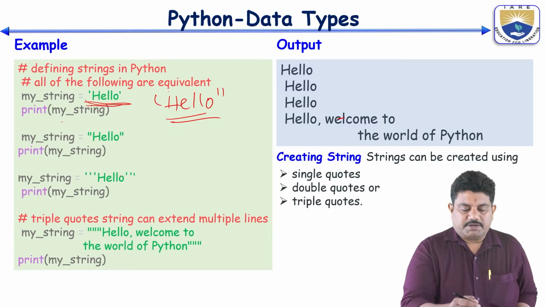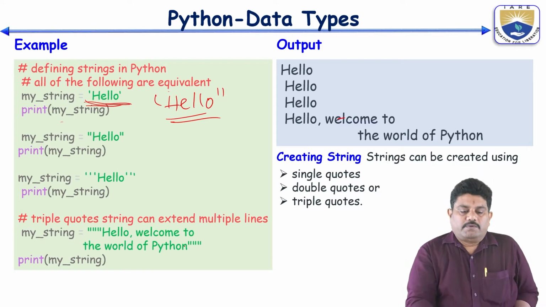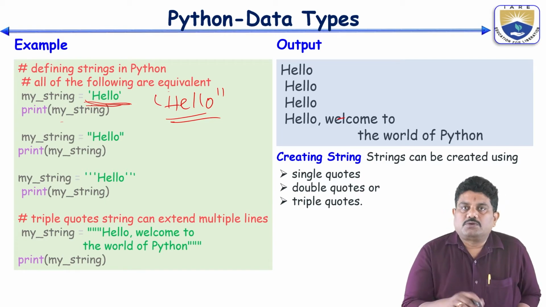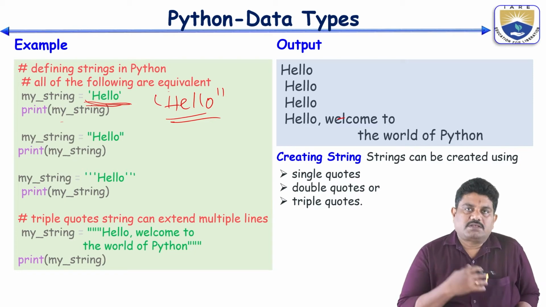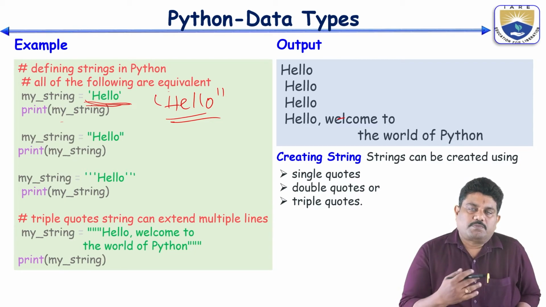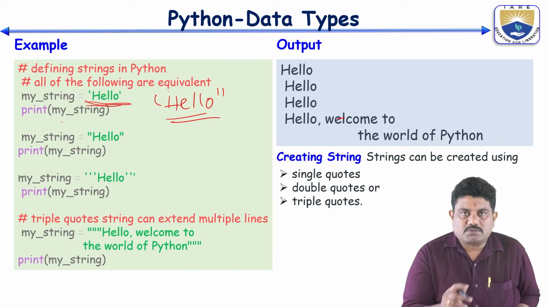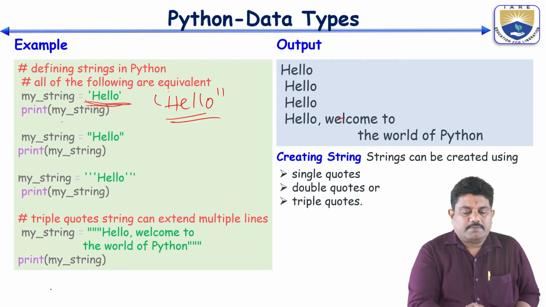And the last statement, a triple quotes string can extend multiple lines also. So my string, hello, welcome to the world of Python. Whenever you are using triple quotes, you can extend that string into multiple lines. If there is a long string, which can extend over multiple lines, in such cases you can use the triple quotes. And I'm printing my string.